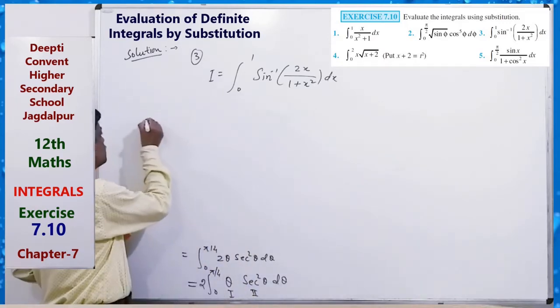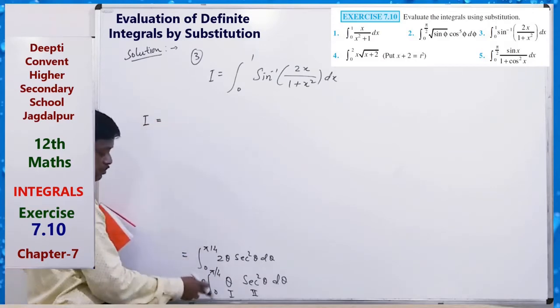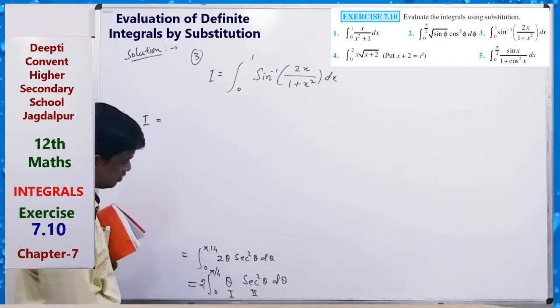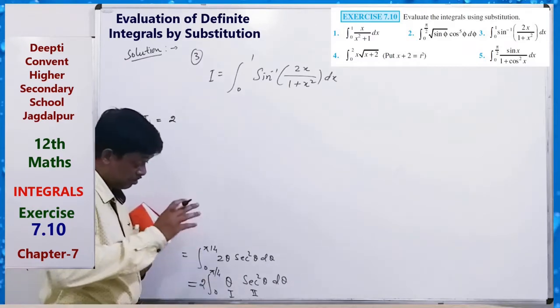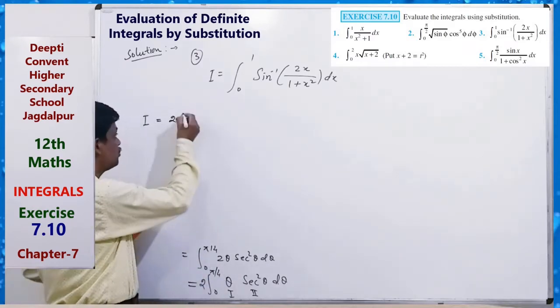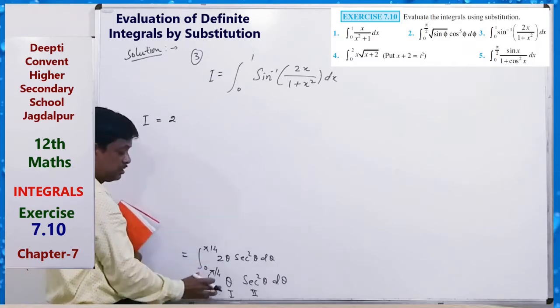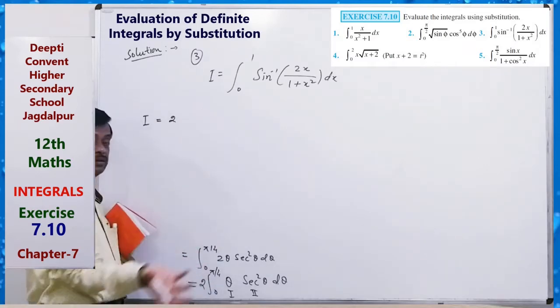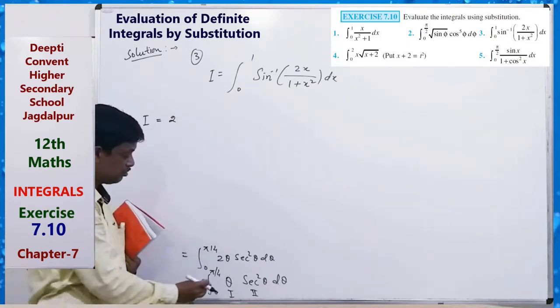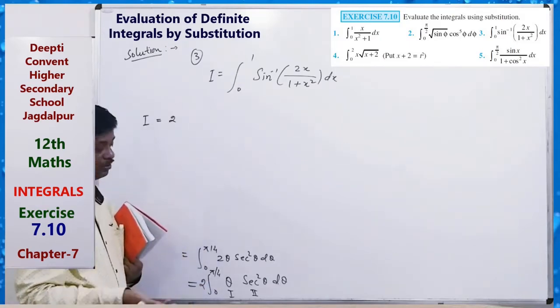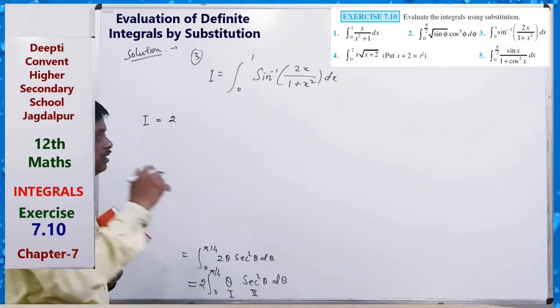Using by parts, I equals to 2 times, you can use the limit first, because the first part is solved by the by parts formula, but you can also put the limit directly.